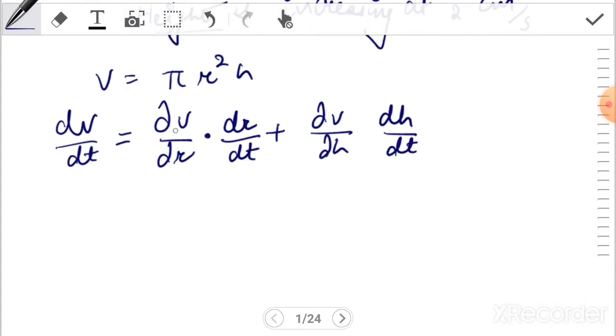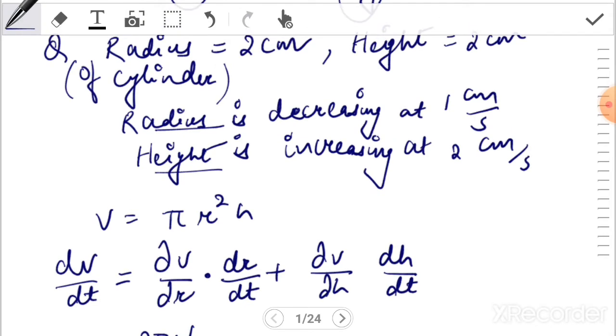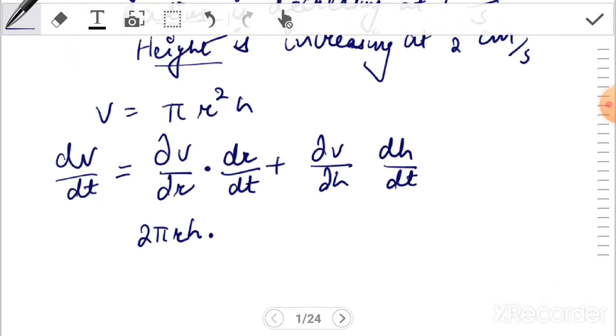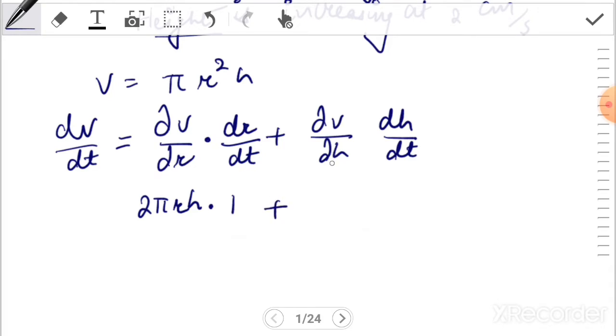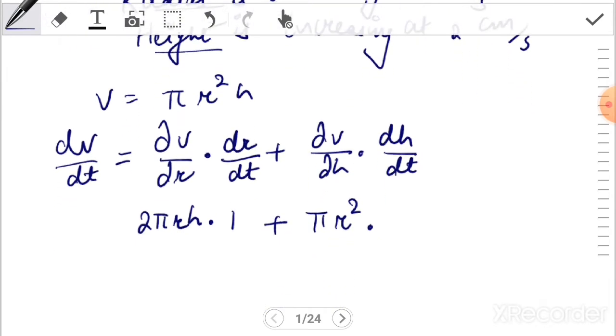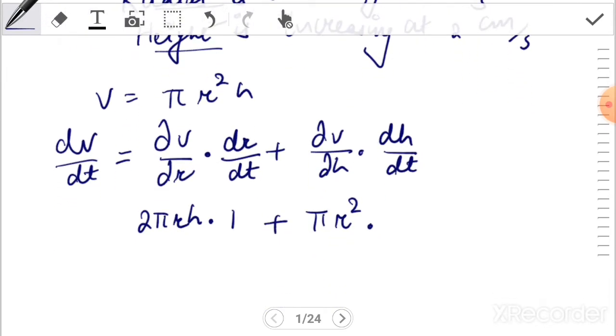And ∂V/∂r will be 2 pi r h, assuming h as constant, and dr/dt is given as 1 centimeter per second, plus ∂V/∂h is pi r square, assuming r as constant, and dh/dt is 2 centimeters per second.